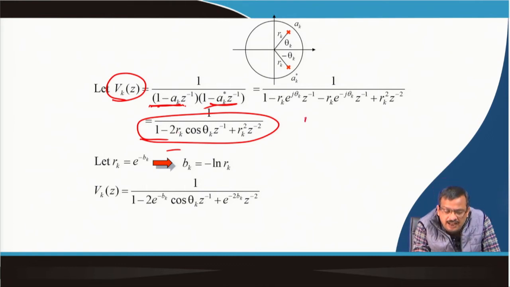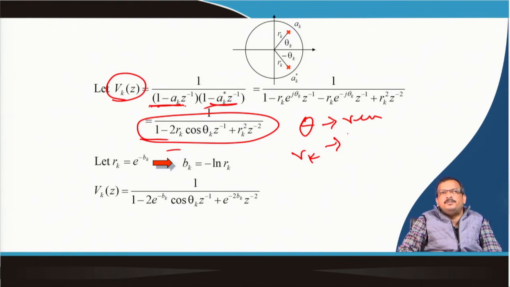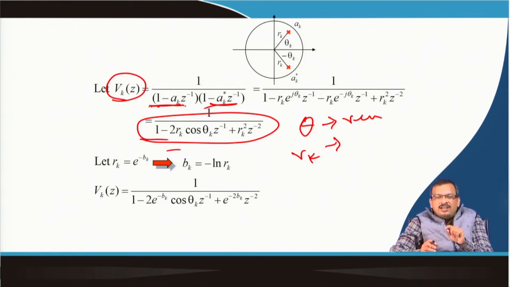Theta is related to the resonance frequency and rk is related to the bandwidth of the resonance frequency.